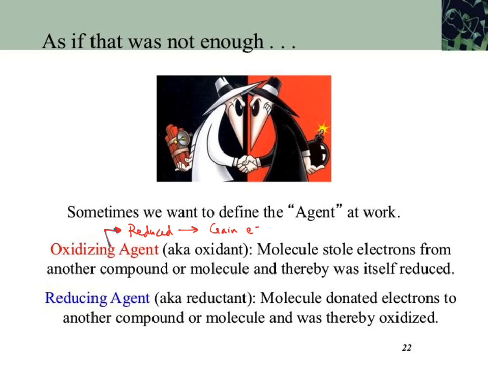Now I can go back to my equation and determine oxidation states and identify the one species or the one atom that gained electrons. Because it gained electrons, that means it was reduced, which then means it was the oxidizing agent.